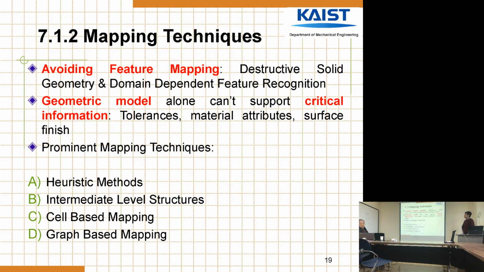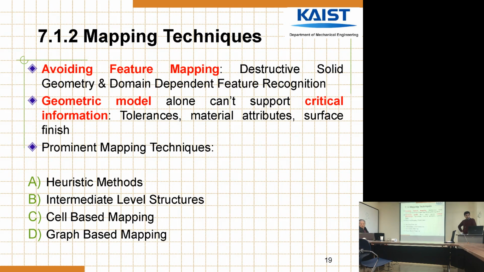But in both these cases, the problem is that such methods are dependent on the geometric model. So their input is geometric, and they have low information. So again, we are forced to move to features, or features are better because they have more information.